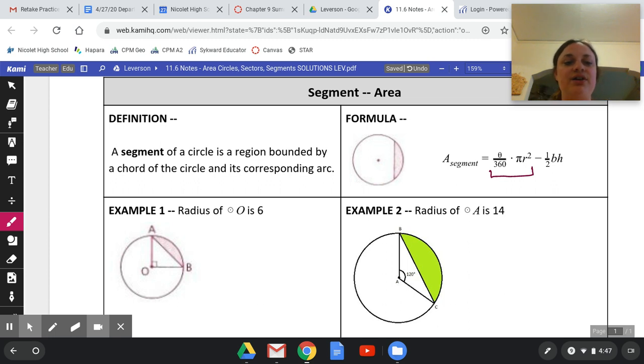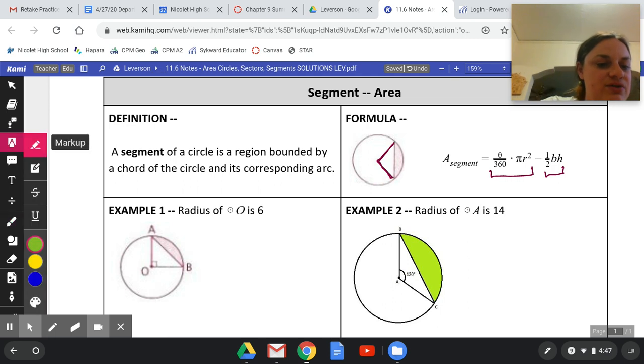So that would be the area if you were looking for the full sector. But that full sector isn't what you're actually looking for. You're actually subtracting away a triangle that's also created. So if I draw in a triangle in here, this 1/2 base times height is like the triangle that I'm subtracting away. So if I highlight these two portions, maybe that'll help as well.